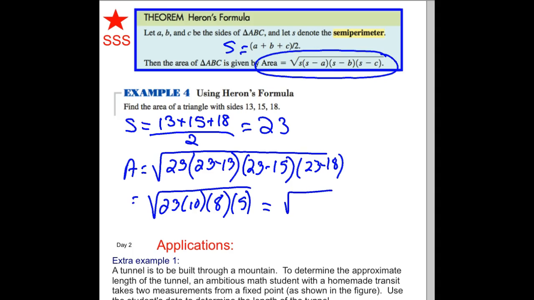If you give me an exact answer, it's the square root of, what's the big number? 9,200. Okay, which is approximately 95.917. They did not tell us the side lengths, what unit they were measured in. This would be square units, whatever that unit happens to be.